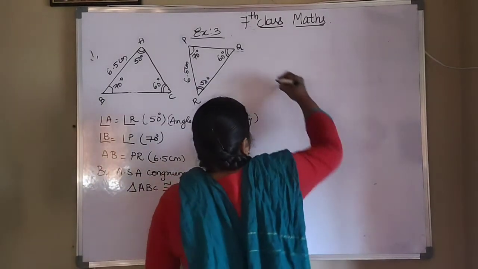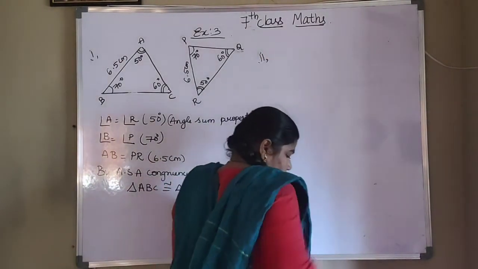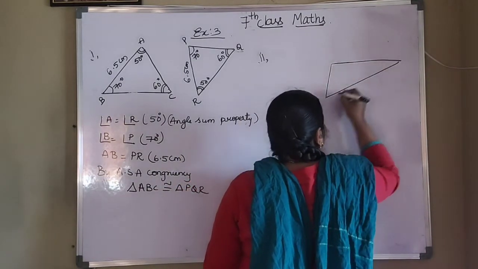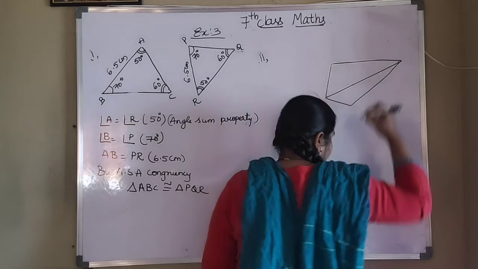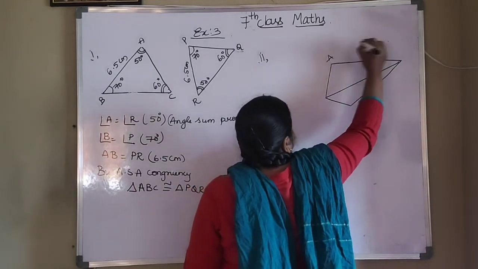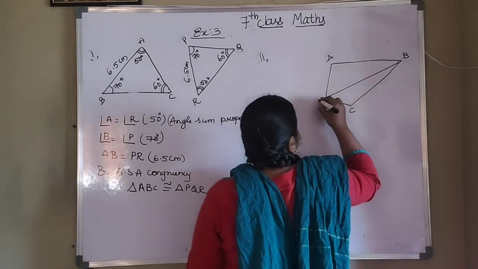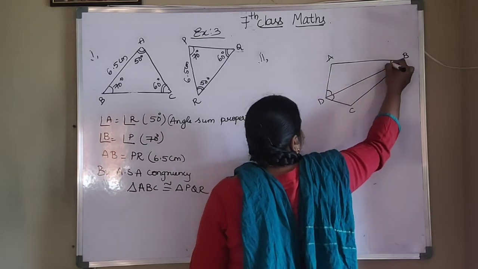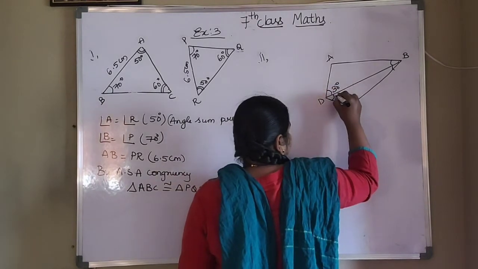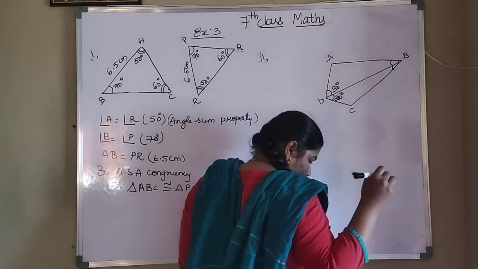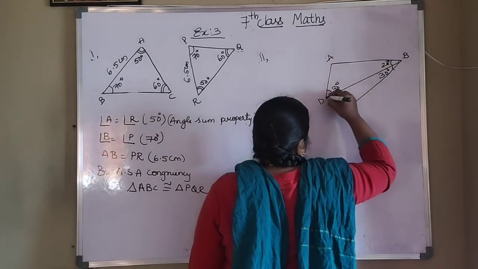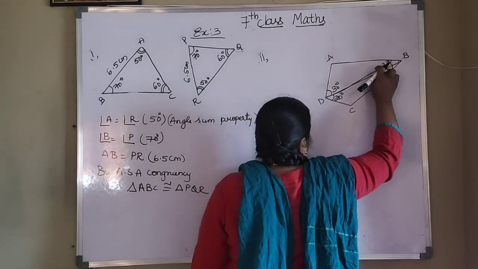In this second one, they have given the figure ABCD. Here 30 degrees, 20 degrees, here 30, here 20, and this side is common for both the triangles.